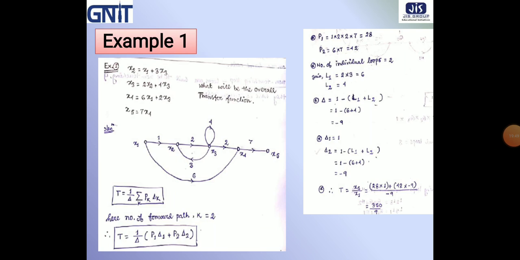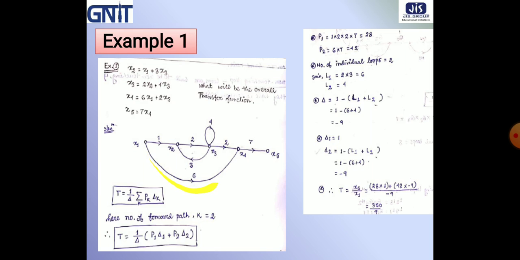Now delta 1 means, for this path, is there any non-touching loop present? No. These two loops both touch path 1. So there is no non-touching loop with path 1, so delta 1 will be 1.